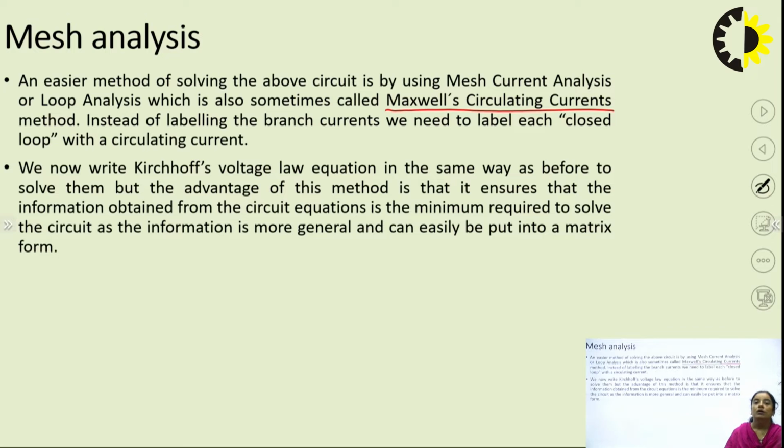Also, in mesh analysis, we can directly write the network values, or we can directly write the mesh equations in matrix form, which we will see.